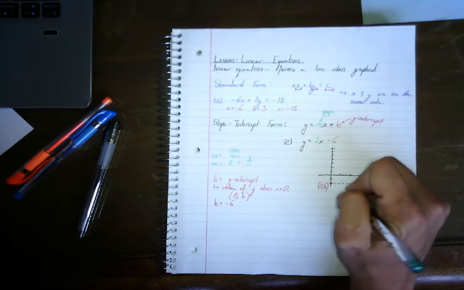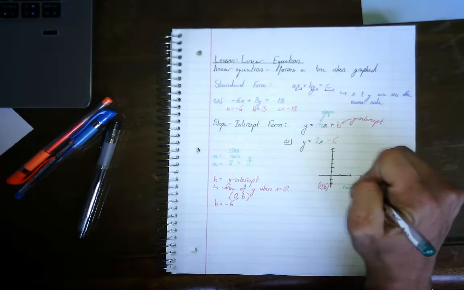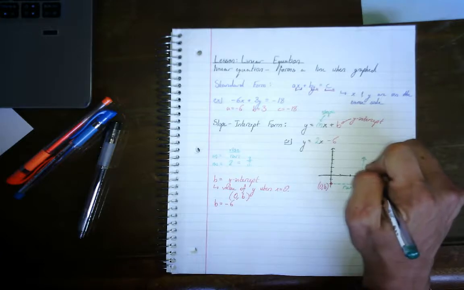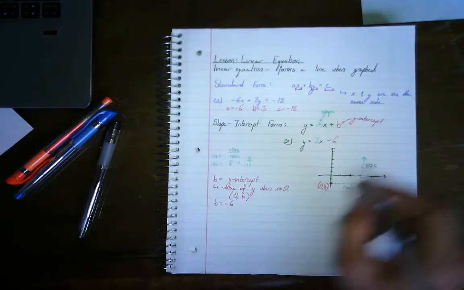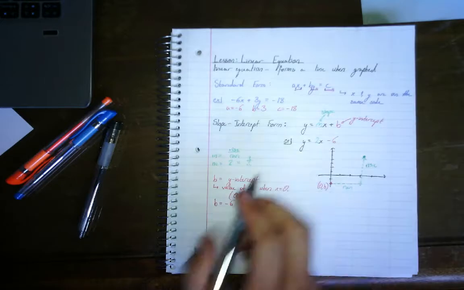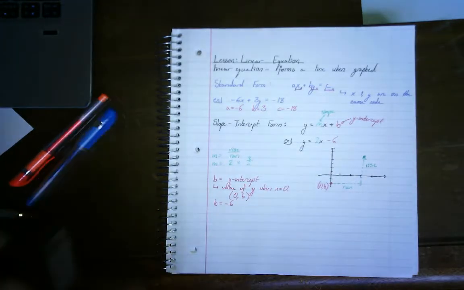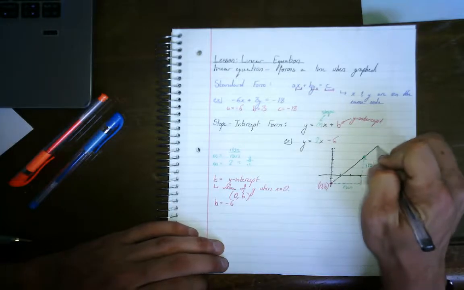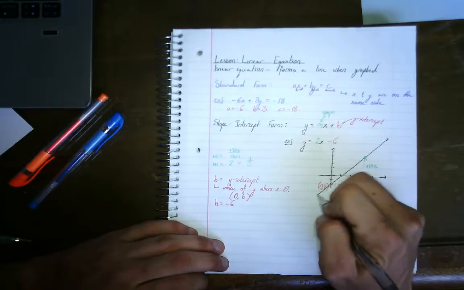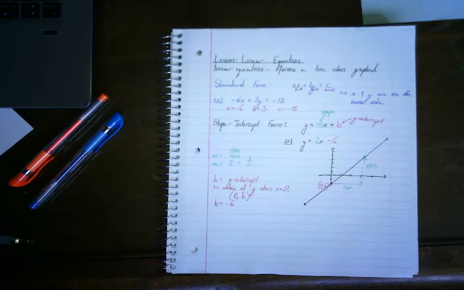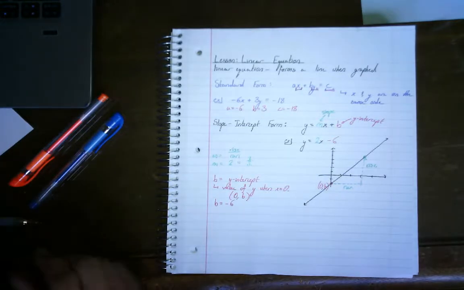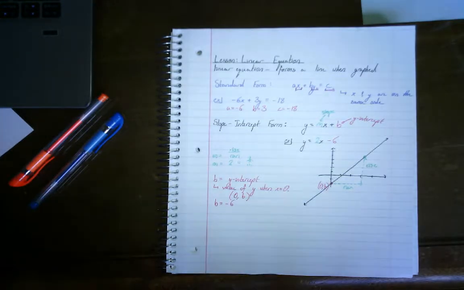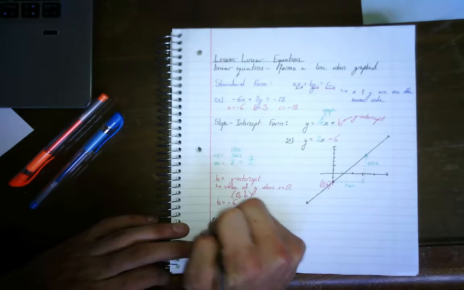So maybe we have a run about this far and a rise about this far. Don't worry about the specific values. We're going to get to that with our example at the very end using 2x minus 6. So all there's left to do is connect our 2 points, and we have our linear equation in the form of a line.